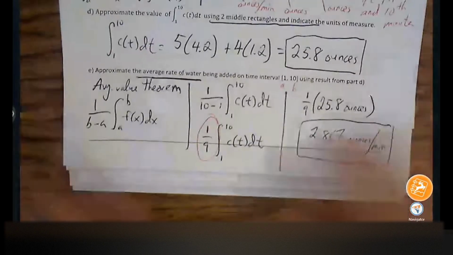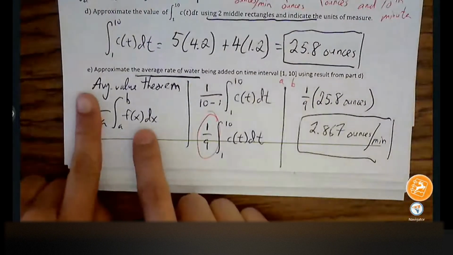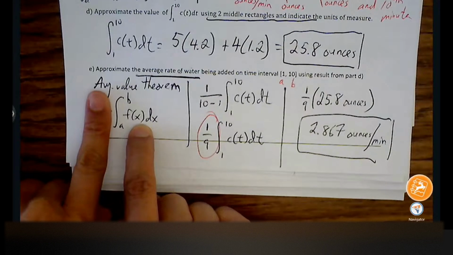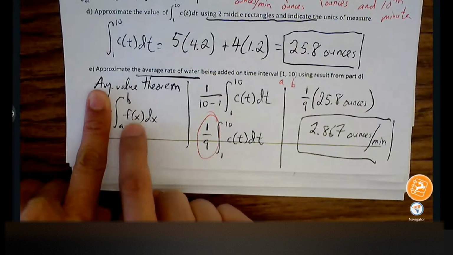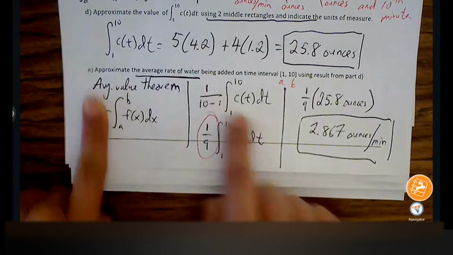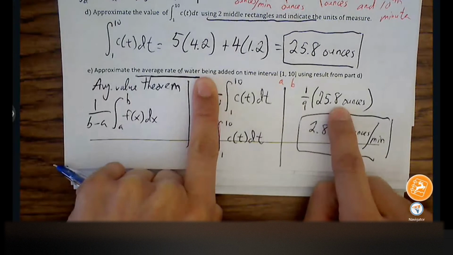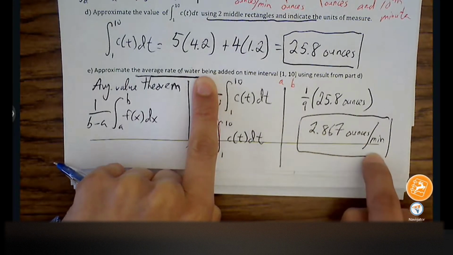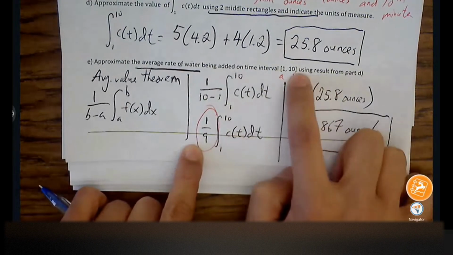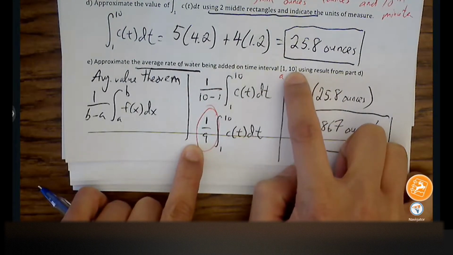So what's happening here is when we take the integral of ounces per minute, it turns itself into ounces. But the reason it comes back to ounces per minute is because we're dividing by the time.